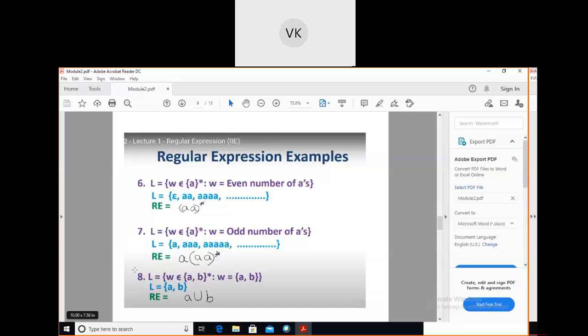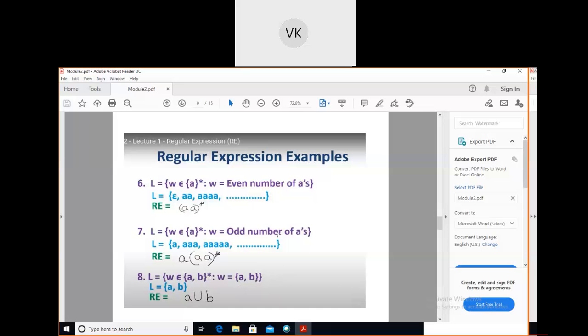Next example you see here, the 8th one. If L is the language defined over W, a set of strings over the alphabet {A, B}star.